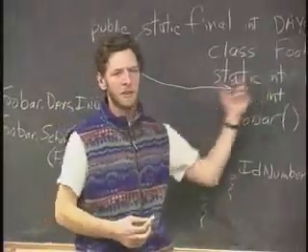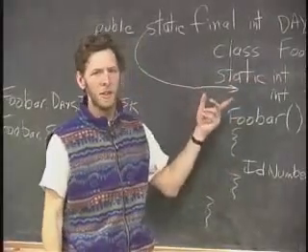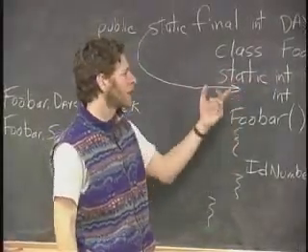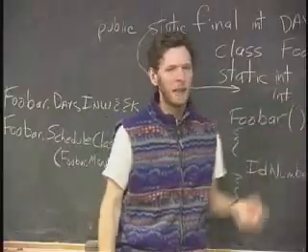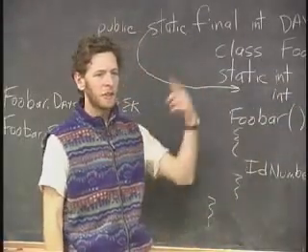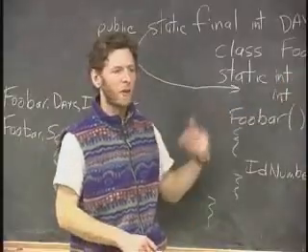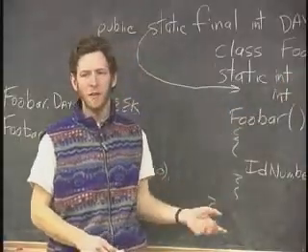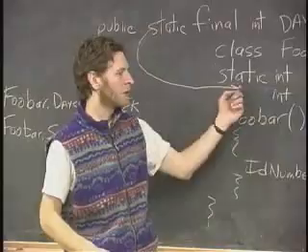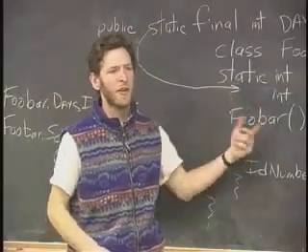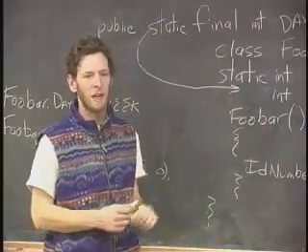So C uses the keyword static also. You say static int last ID number, and each time you go through the procedure, you increment the last ID number and use that ID number to stamp the transaction, and since it was defined as static, the previous value would still be there the next time through.